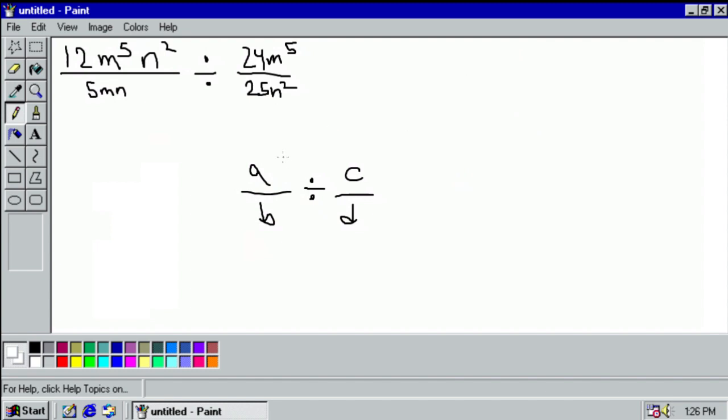But first, we're gonna copy the first one, then we're gonna change the second. We're gonna make the D on top and the C on the bottom. So it will not be a divide sign anymore. It will become a multiply rather.